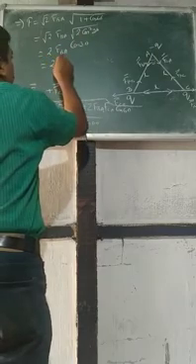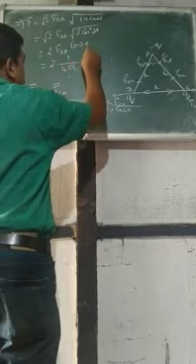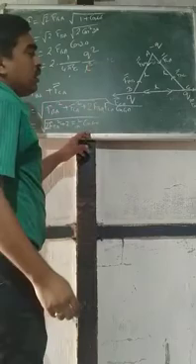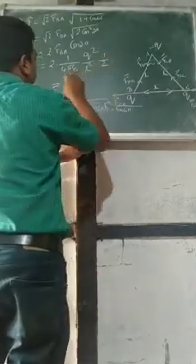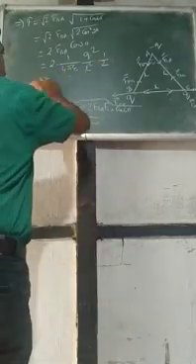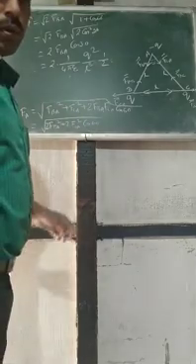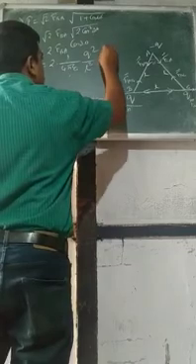2 F_BA is 1 by 4 pi epsilon naught q square by L square, times cos 30, which is root 3 by 2.